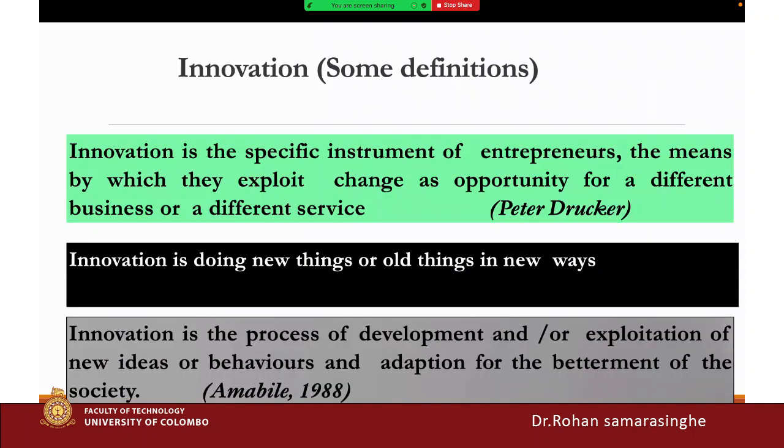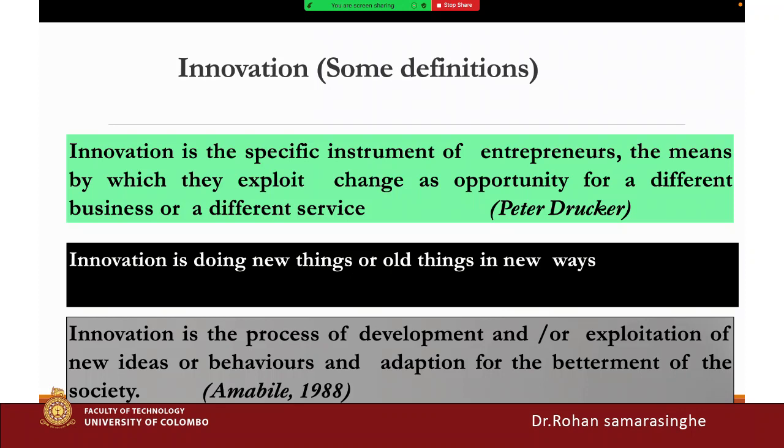So then we can have some definitions. Peter Drucker says that innovation is the specific instrument of entrepreneurs, the means by which they exploit change as an opportunity for a different business or different services. Innovation is doing new things or old things in new ways.